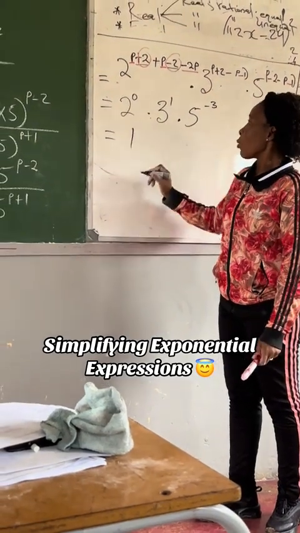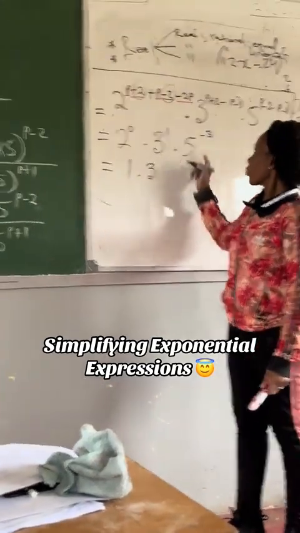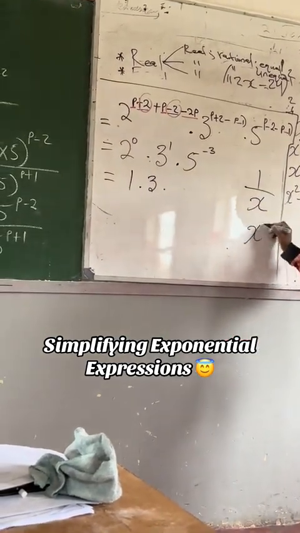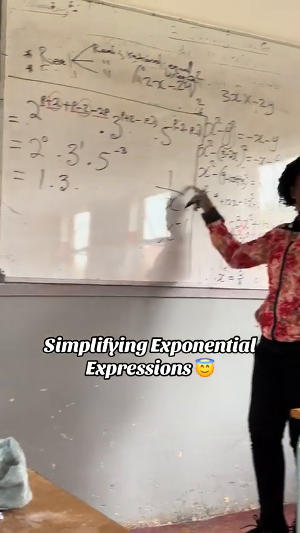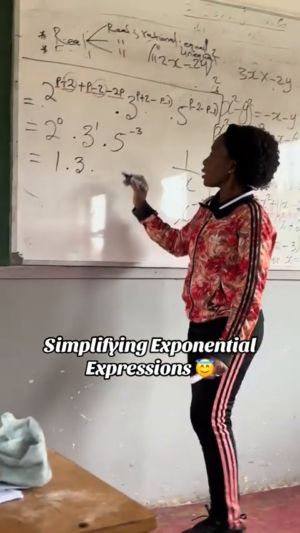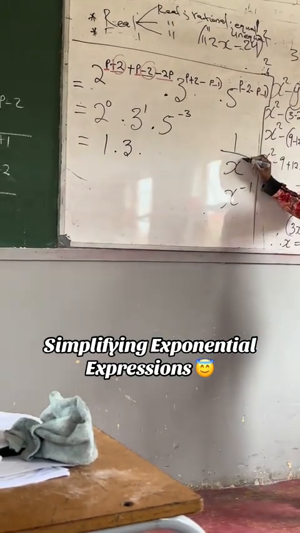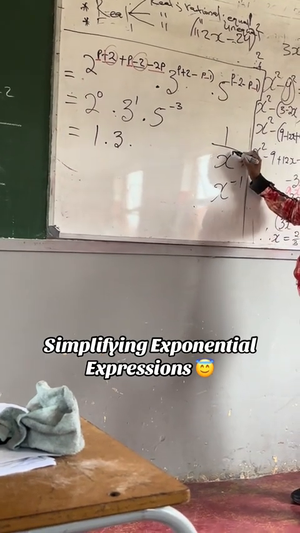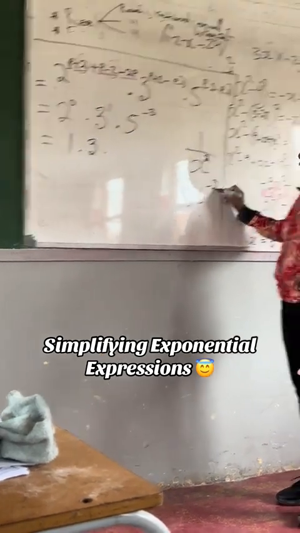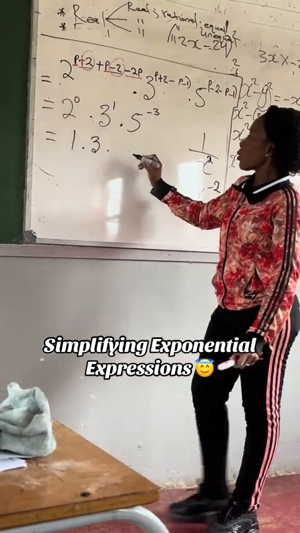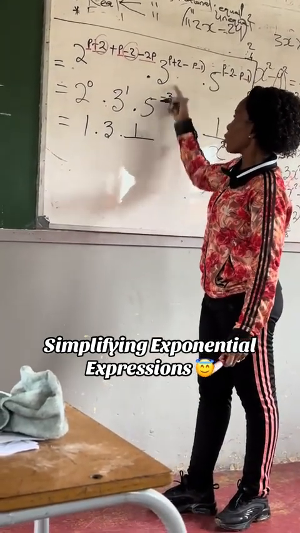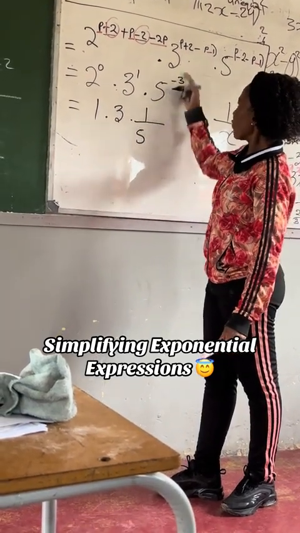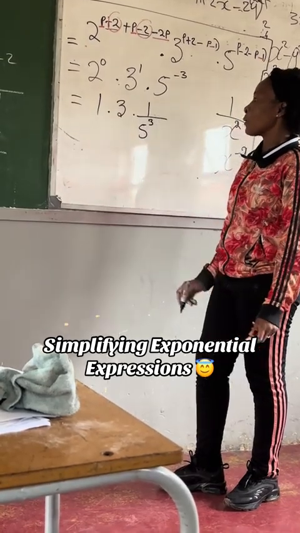Okay, we apply laws of exponents now. This is equal to 1 times 3. And then when you see this, do you remember that law of exponents? Yes. When I see this, there is an inverse, the 1 moves. That's why I get a negative 1. But if it was 2 here, I could have said negative 2. So this one will be 1 over, when you see a negative exponent, always think of 1 over 5 to the exponent 3.